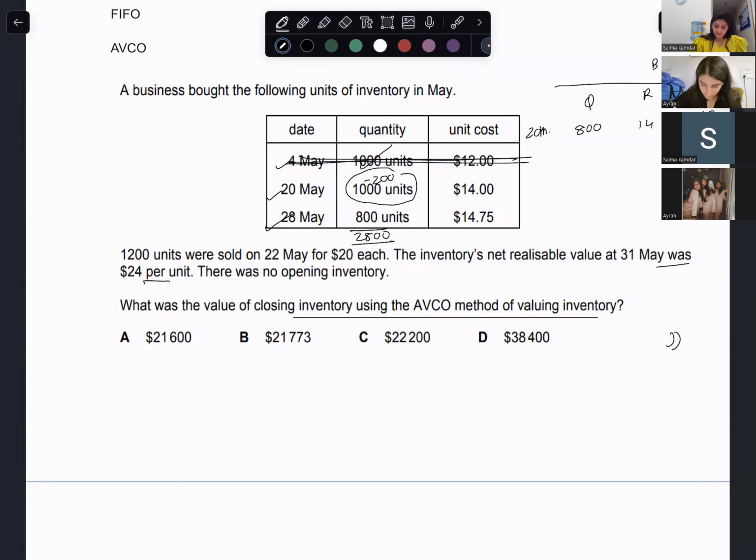11,200. Then you purchased again 800 units. So quantity plus quantity, 800 plus 800, 1,600 it will become. Give me 800 into 14.75.